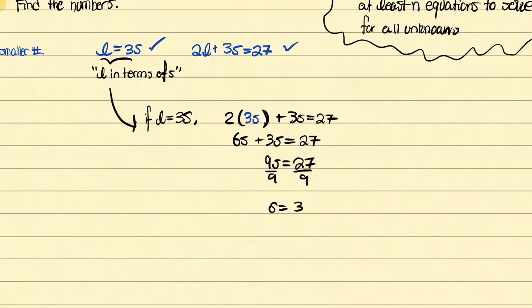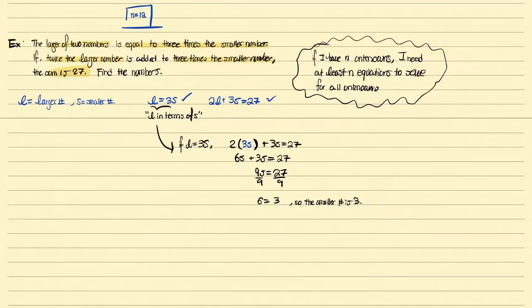So the smaller number is 3. We're not done yet, though. We want to find what the larger number is. So let's go back up and look at the original equations. We do know there is this relationship between the smaller number and larger number.